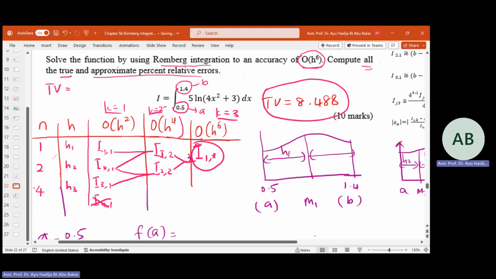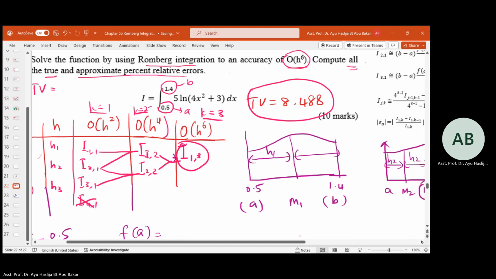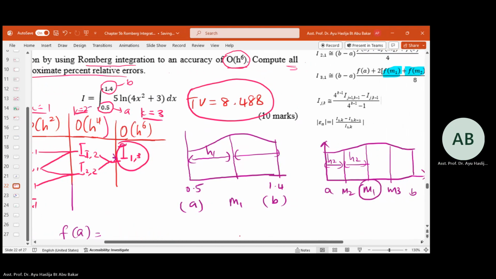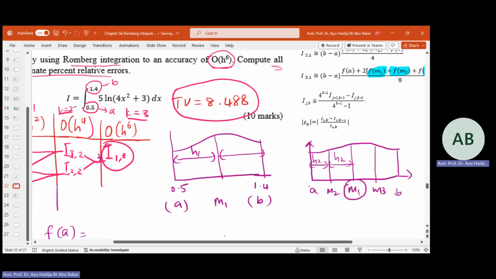As what we practiced earlier in the previous class, we need to identify. Okay, let's say we have 4 segments. So from A to B, this is the range. You need to identify what are the midpoints over here.